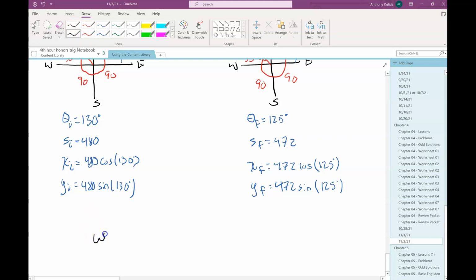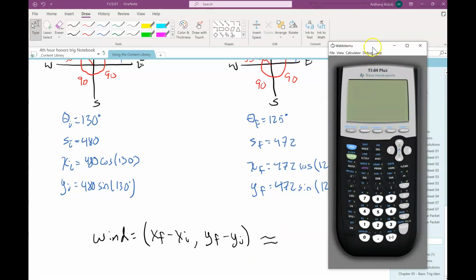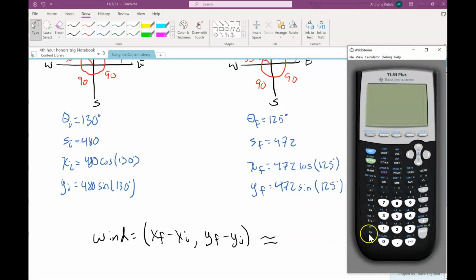So we said before when we started, our wind is going to be the final minus the initial. So I'll go type that stuff into the old calculator.